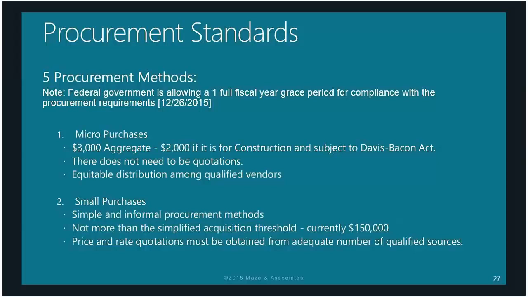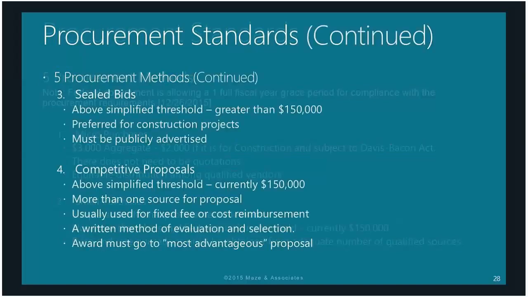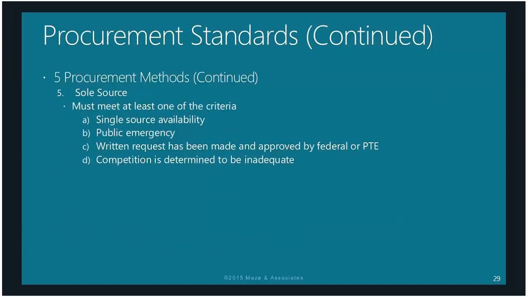The 5 methods provided under the uniform guidance are micro purchases, small purchases, sealed bids, competitive proposals, and the sole source method. So these are the 5 methods under the new procurement standards.